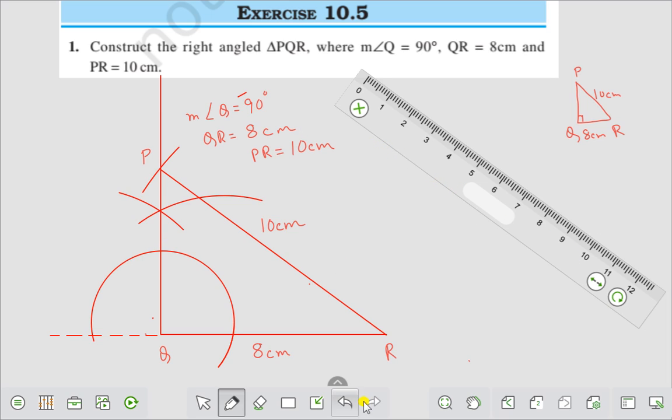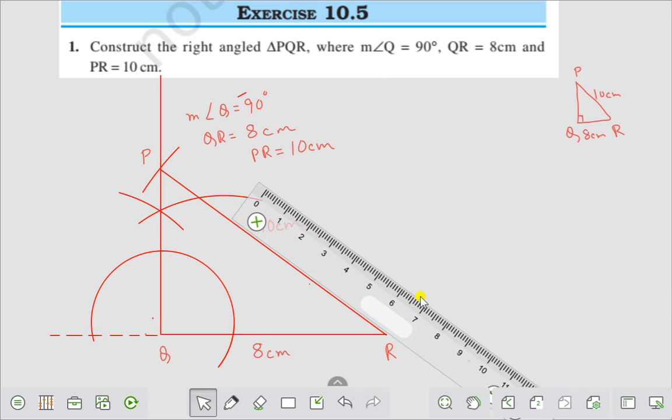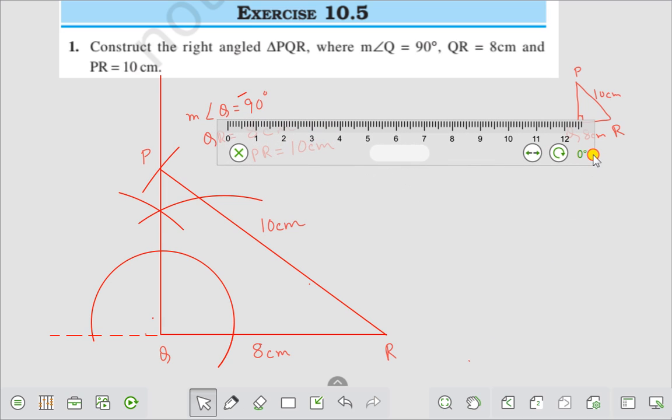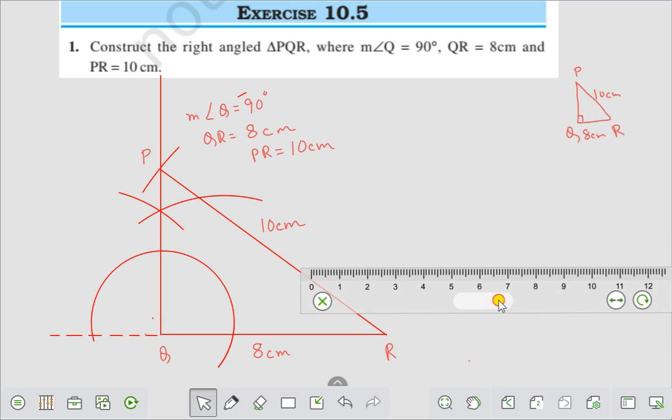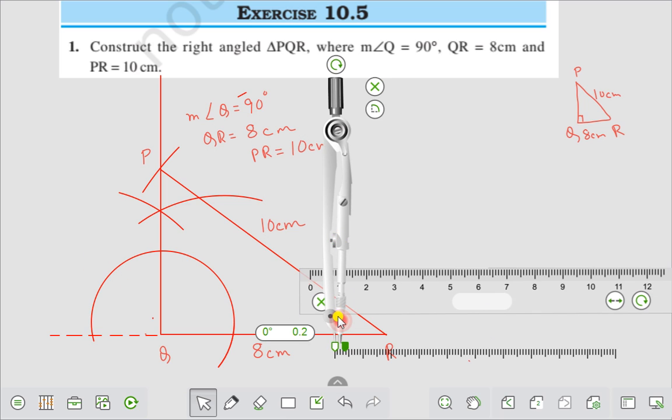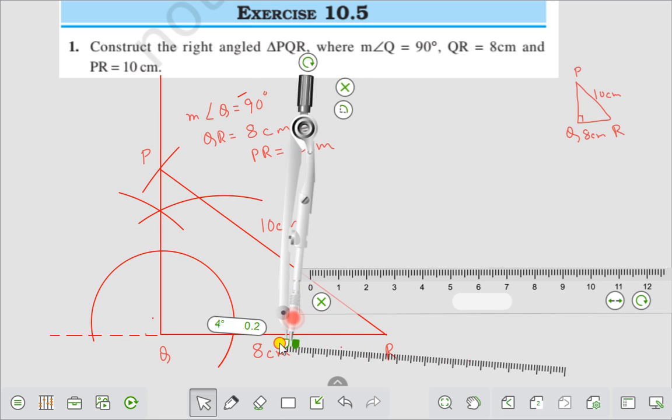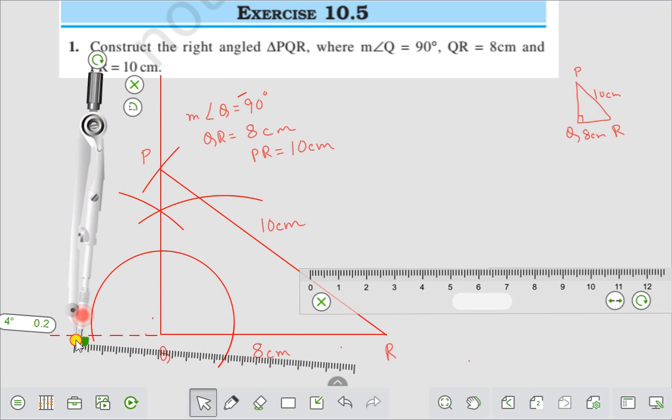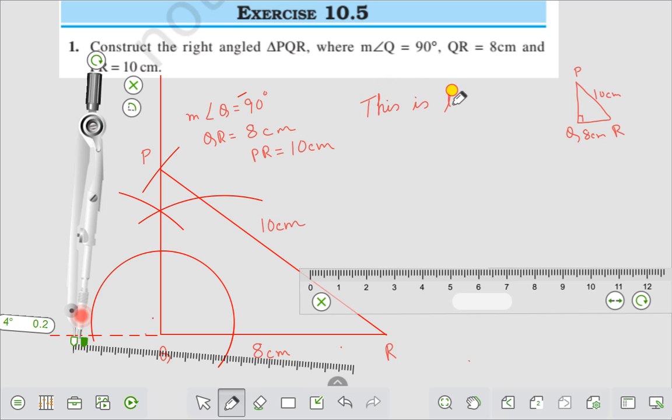Now you see that this is the required triangle, right? This is the required triangle.